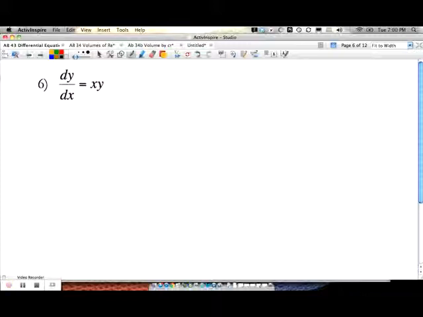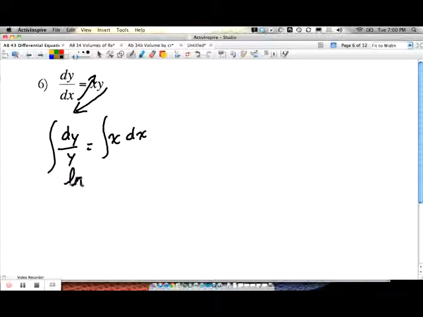Alright, here we got something a little bit different, but still pretty similar. We have x times y here for our derivative, dy dx. Let's move the dx up with the x and the y down below here. That gives me dy over y equals x dx. When I integrate both sides, both these again are pretty straightforward. I get the natural log of y is equal to x squared over 2 plus c.